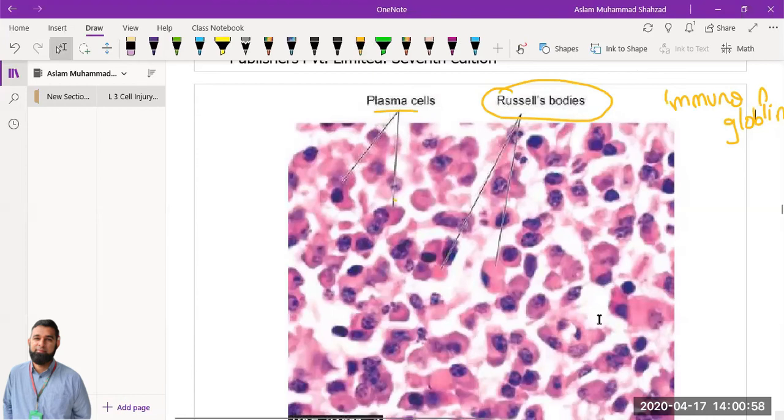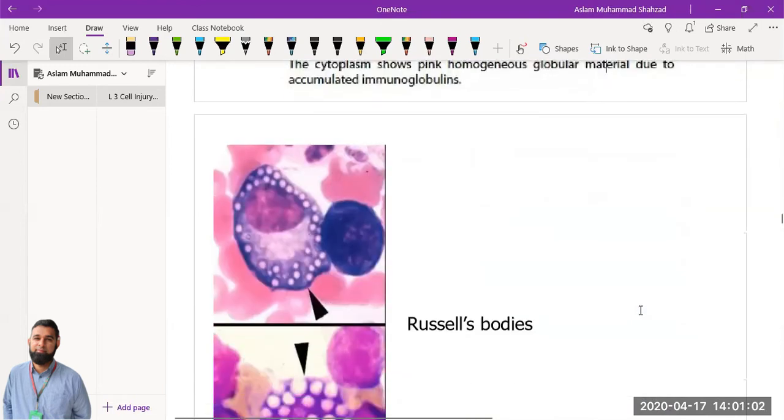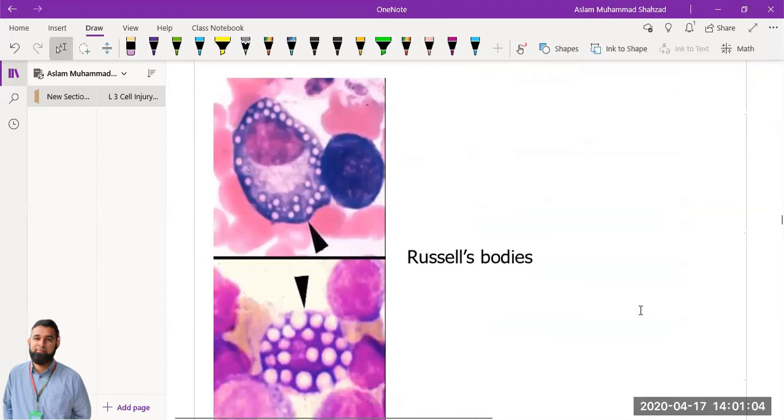If you see this picture, maybe you will not understand this thing, so I have put another picture to explain more in zoom. If you see these round structures, this round appearance is showing you the presence of intracellular hyaline.